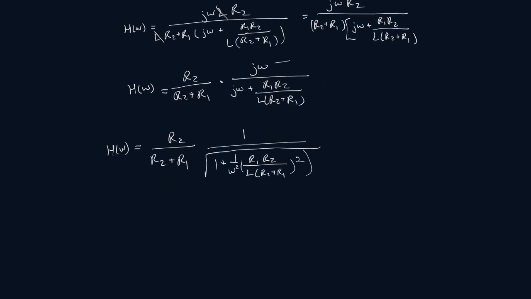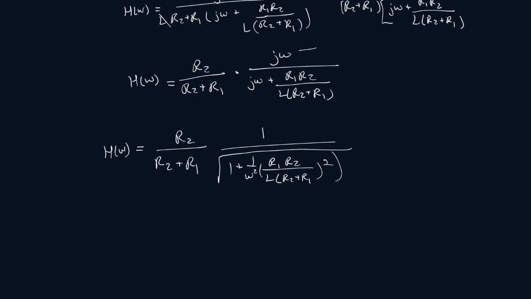Now we have to find out the band type of this. So let's take the limit for W as we approach 0. When we approach 0, 1 over W squared pretty much turns into infinity. So it'll be 1 plus infinity, which will be 1 over infinity, which will make this whole thing 0.